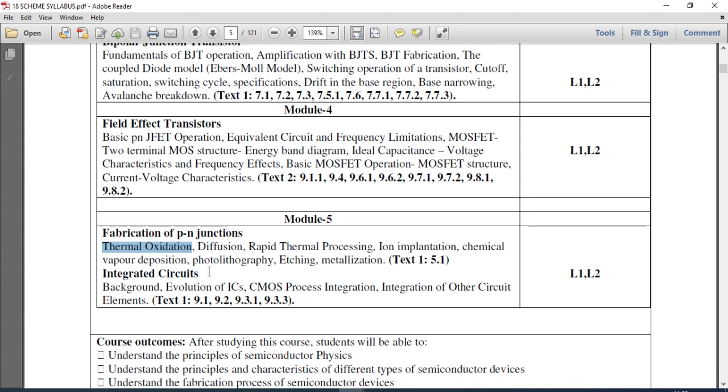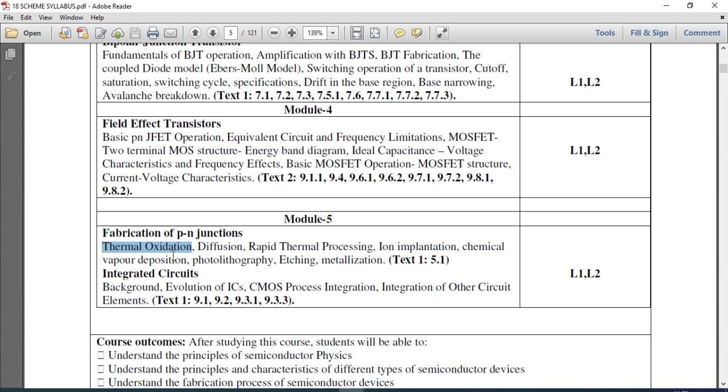Okay. So now first we have to understand what is thermal oxidation. Thermal oxidation is nothing but, here thermal represents the temperature, and oxidation is exposing a particular material to oxygen. We call it oxidation. So thermal means temperature, with oxidation.